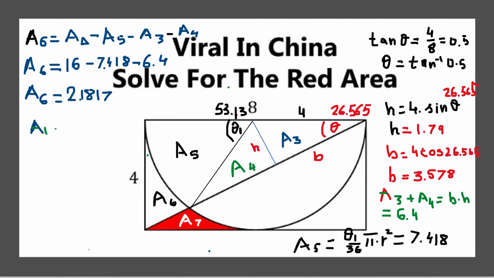A1 is equal to A7 plus A6. If we want to solve for A7, we subtract A6 from everything, and A7 is going to be equal to A1 minus A6.